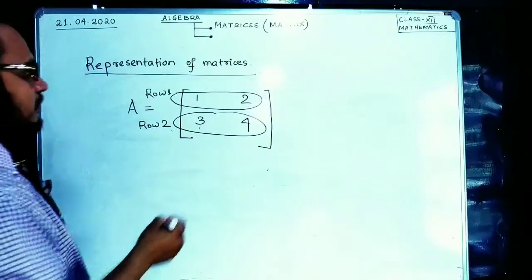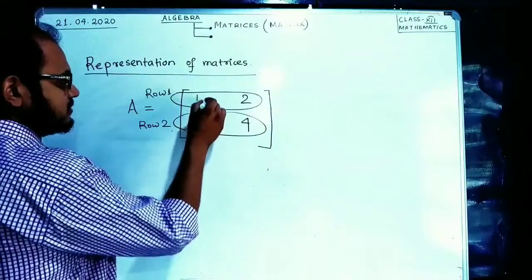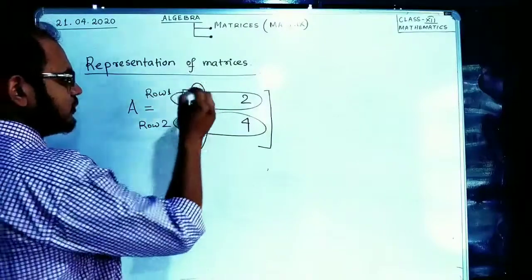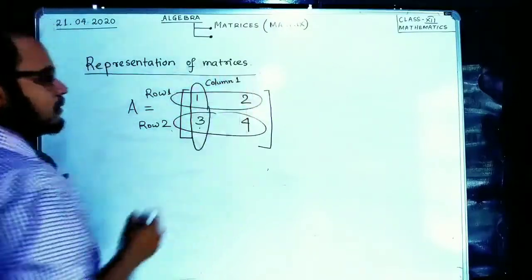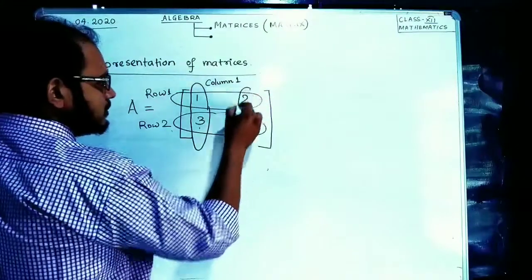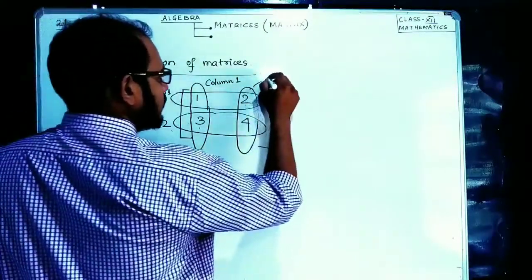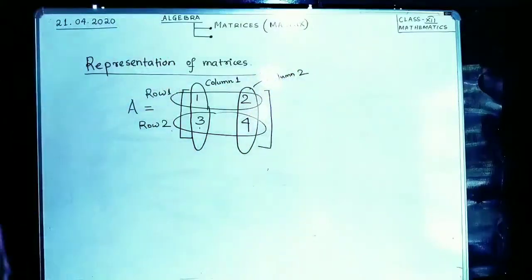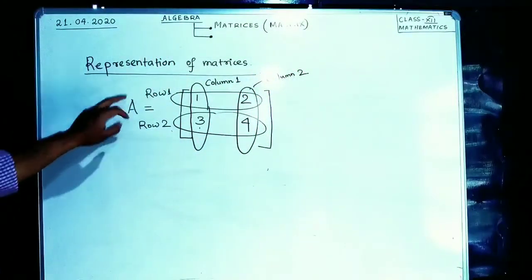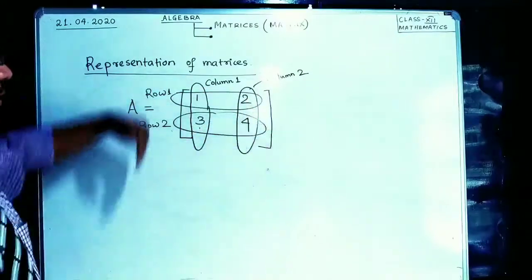Again, we see that another array exists in the vertical fashion. We call this a column, say column 1. This is also another column, column 2. So we see that this matrix A has 2 rows and 2 columns.